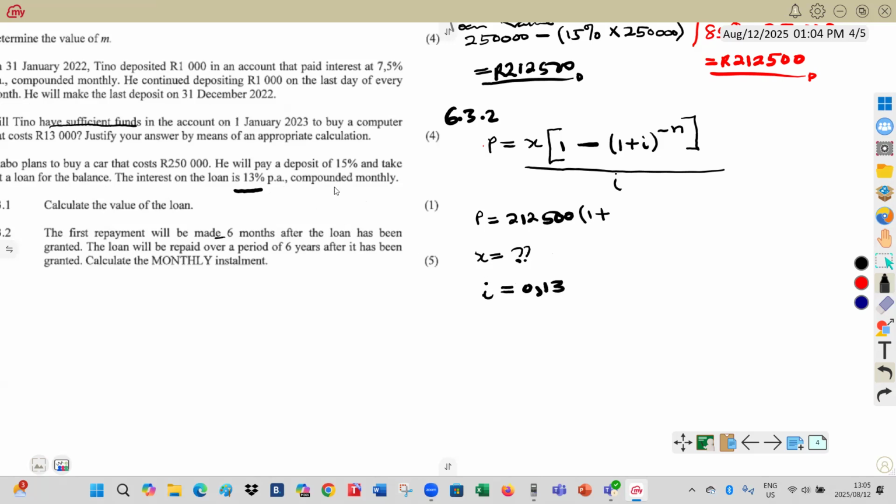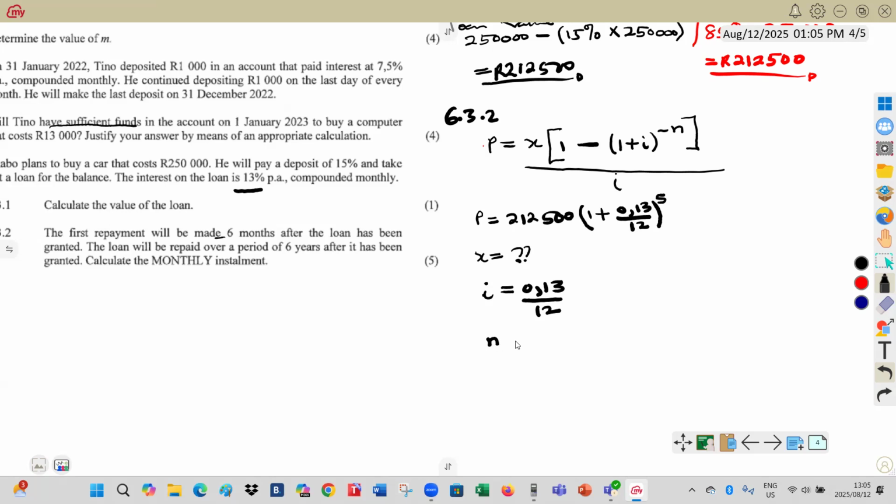But we are told it's compounded monthly, so we divide that by 12. Then it's raised to the power 5, adjusting for the 5 months where the loan was not paid.